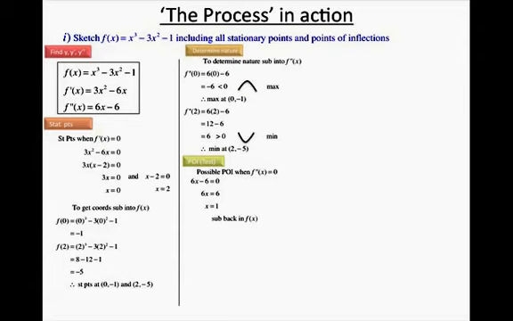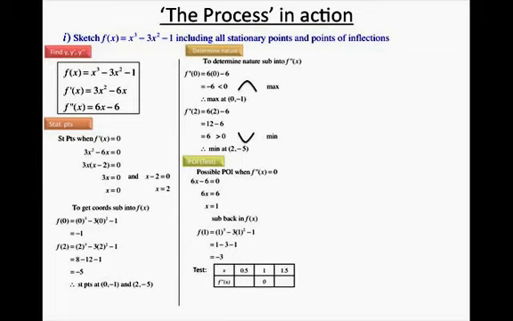So what we do, we're going to sub that back into our f of x. We'll just get the y value. So that's 1 cubed minus 3 into 1 squared minus 1. So it's 1 minus 3 minus 1, which is negative 3. So we've got a possible POI at 1, negative 3, which is now what we're going to test.